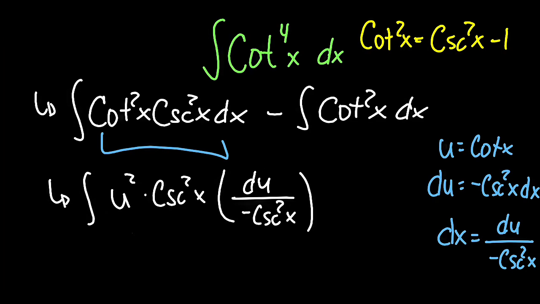You can see here that cosecant squared of x would cancel, which leaves you with u squared multiplied by negative of du. You can actually put the negative sign outside the integral. So what you're left with here would be negative the integral of u squared du.